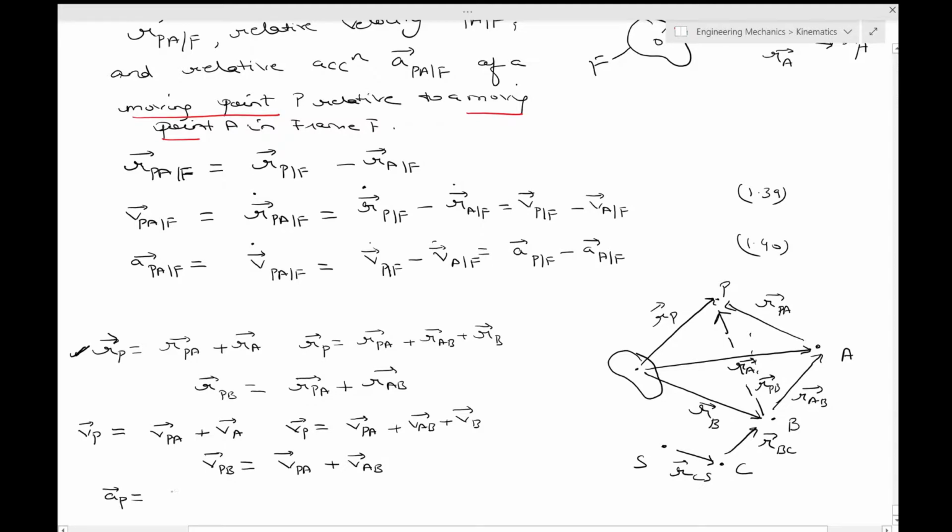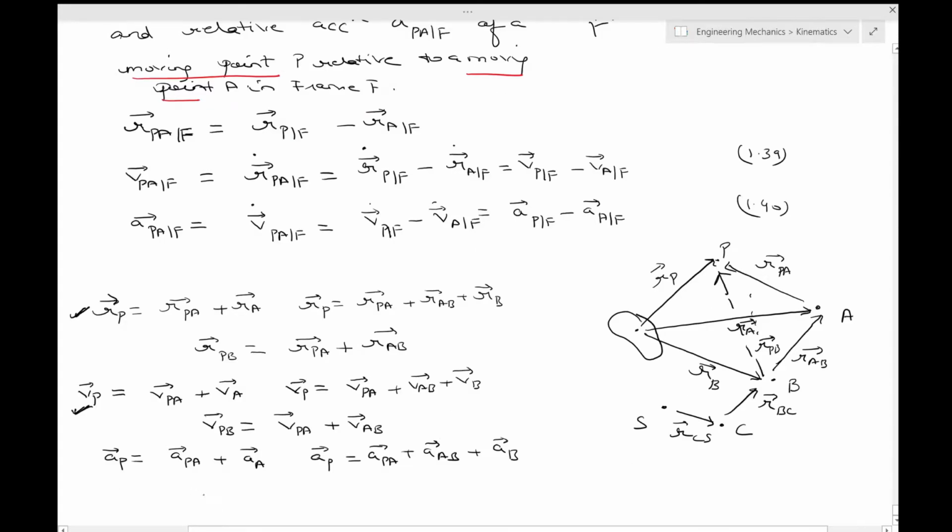AP is equal to APA plus AA. Again you take a time derivative of this one, and similarly the acceleration of P is equal to APA plus acceleration AB plus AP, and lastly one can write APB is equal to APA plus AAP.